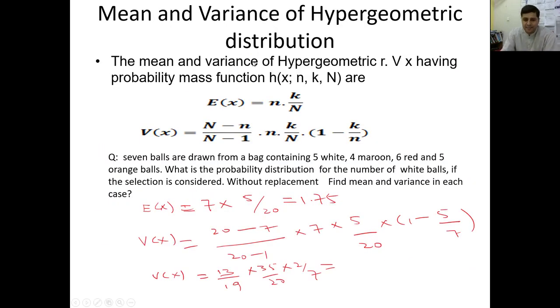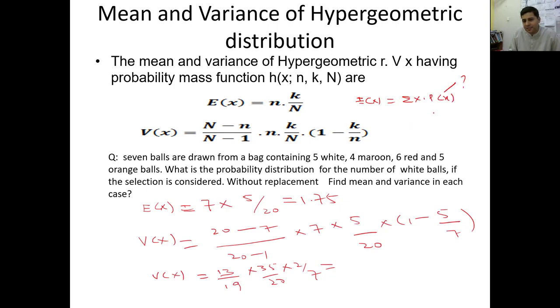Just like I have already discussed the mean and variance formulas for the binomial distribution, the hypergeometric distribution has its own formulas. If you know these for specific data, you do not need to construct the whole probability distribution as in the previous example, and then calculate the mean, E(x) equal to the summation of x into p(x).